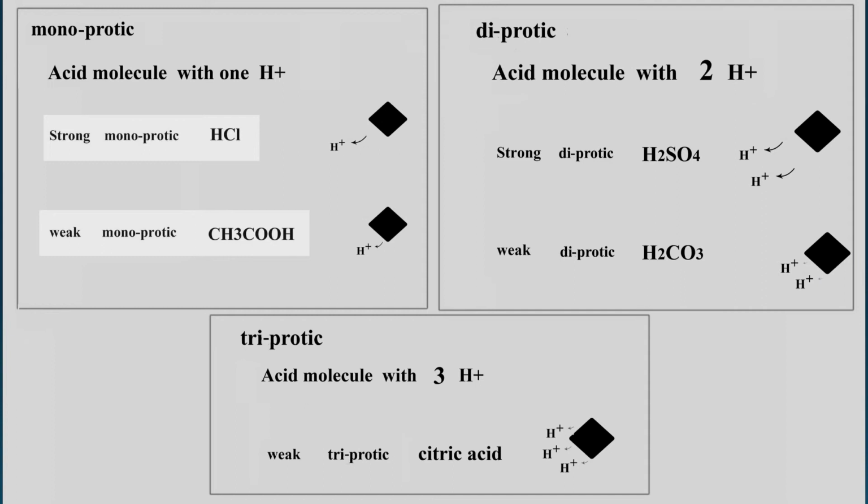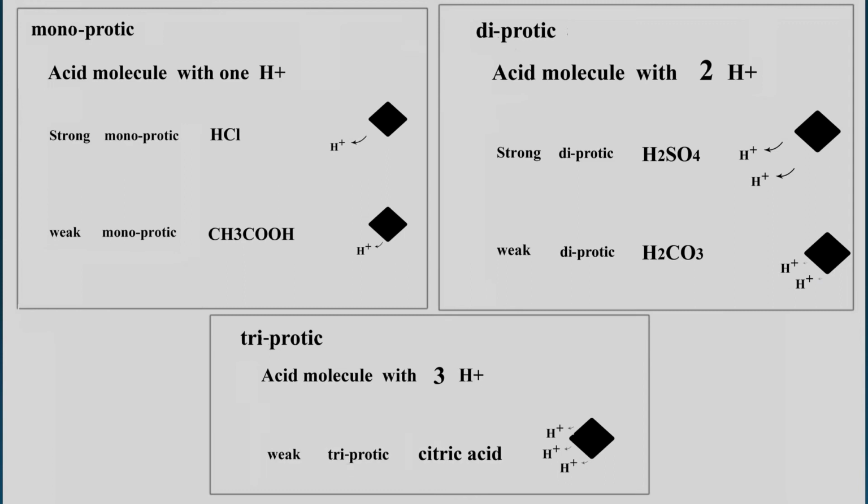They only partially ionize. Diprotic: H2SO4 is a strong diprotic acid. The bottom one, H2CO3, is a weak diprotic acid. The last one, citric acid, is a weak triprotic acid.